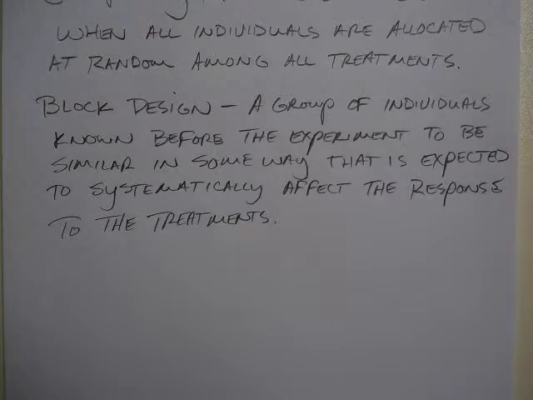Because it's a pretty well documented fact that, at least in some cases, females and males react differently to the same drug. Maybe not entirely, but there are different effects. Our biology is a little bit different. So a gender block would be something that is certainly used fairly regularly.